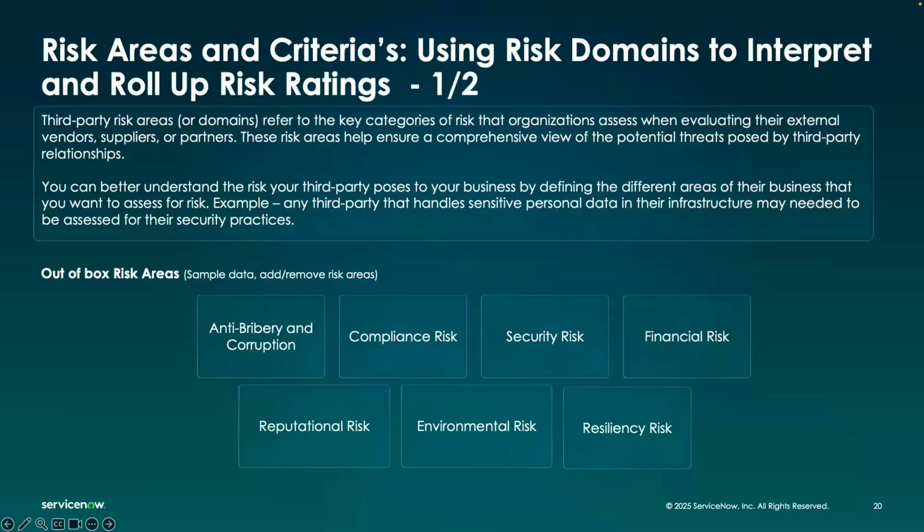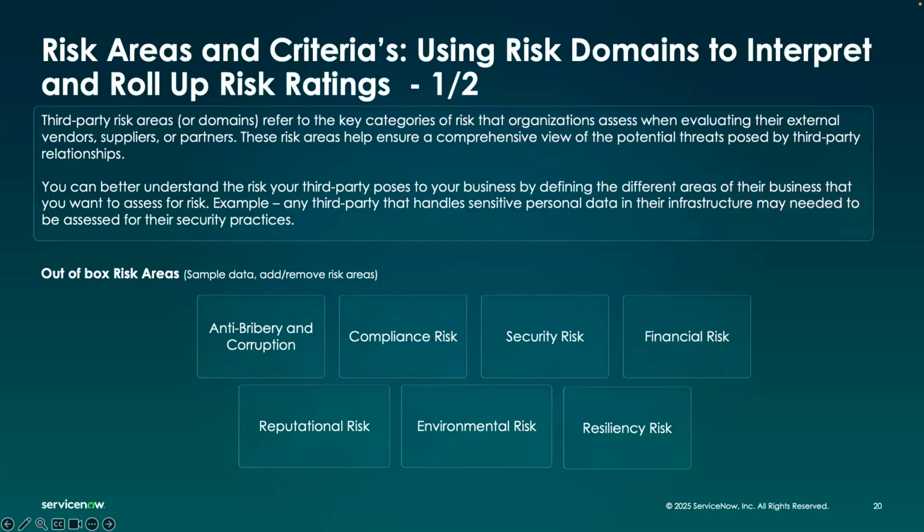Now that we have introduced the broader context of components, let's shift our focus to the second major framework that drives the risk scoring methodology: risk areas. Risk areas, sometimes also referred to as risk domains, represent the key categories of risk that organizations should evaluate when dealing with third parties.